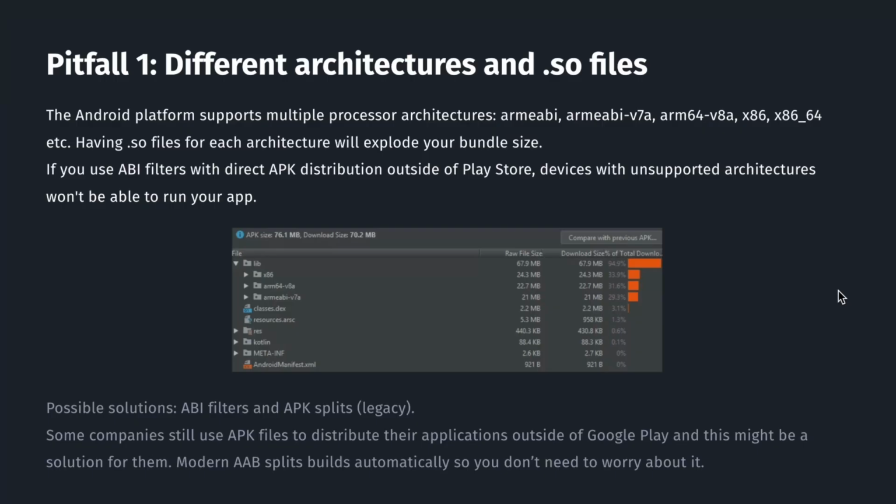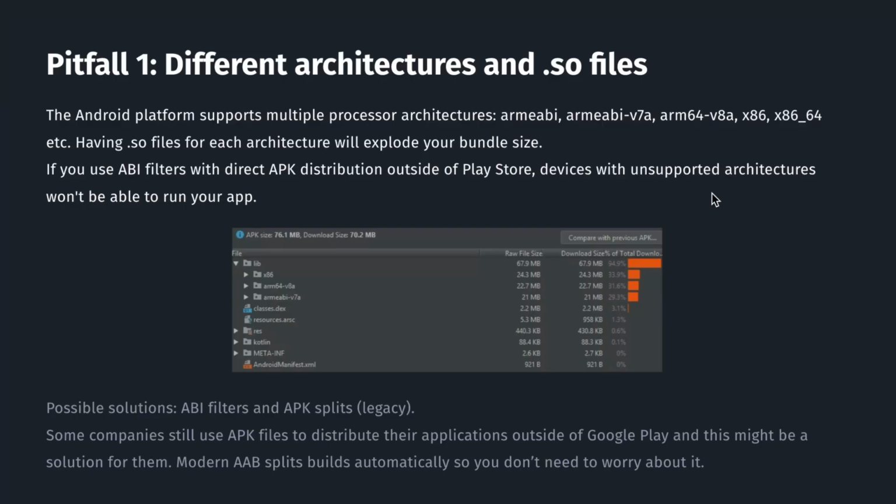If you choose APK, you might find out that if you include all the architectures in your build, it will significantly increase in size. To fix that, there are two ways. The first one is to reduce ABIs using ABI filters, but this might crash on devices not mentioned in your filter.